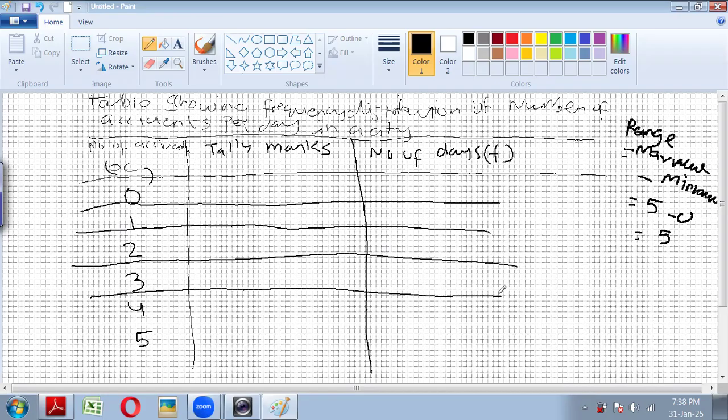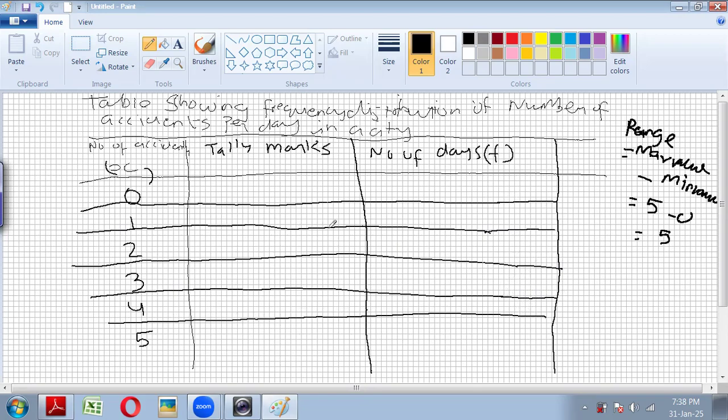You should complete the table with pencil and scale. Do not use pen, right? Draw with proper diagram.